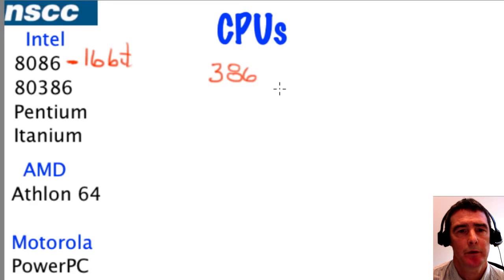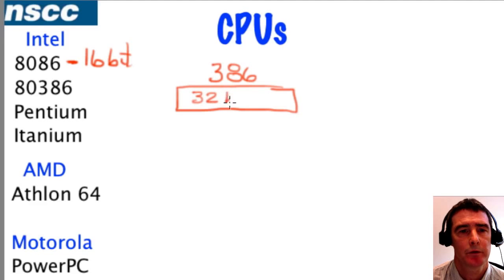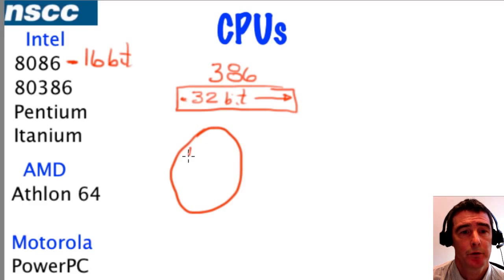So the 386 inside was one of the first Intel CPUs to have 32-bit instructions, 32-bit registers rather. And inside it, it supported, that meant it understood the 16-bit instructions from the previous 8086. This gave it backward compatibility, so it had the ability to understand the 16-bit Intel instruction set.